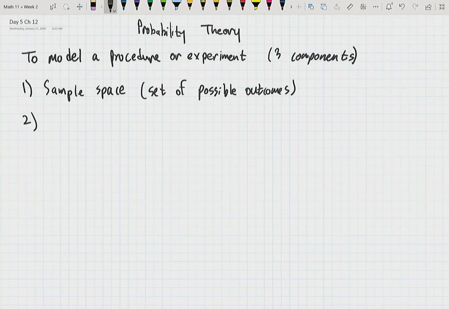The second component we're going to call events. And events, they could be single outcomes, but more generally, they are collections of outcomes. And when you do an experiment, an event either occurs or does not occur, depending on whether the outcome of the experiment included outcomes that were in this event.